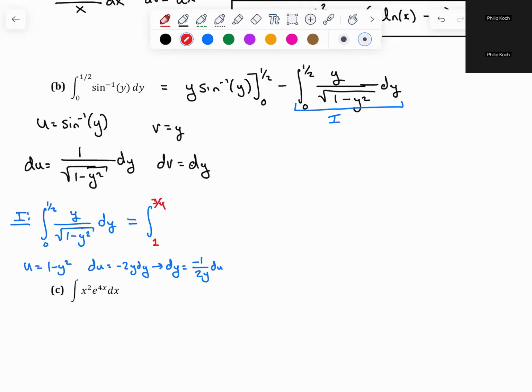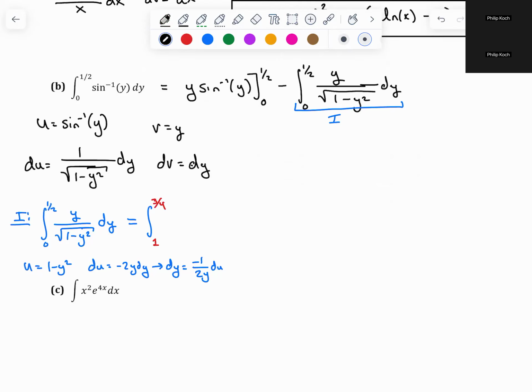And yes, the bottom bound is larger. But remember, if you're going to change the bounds with respect to your new variable, the bottom bound stays the bottom bound. The top bound stays the top bound. You don't flip them. You just keep them where they were.